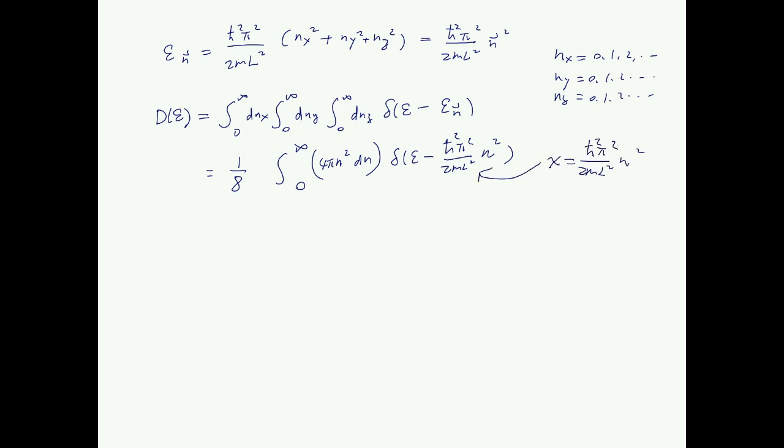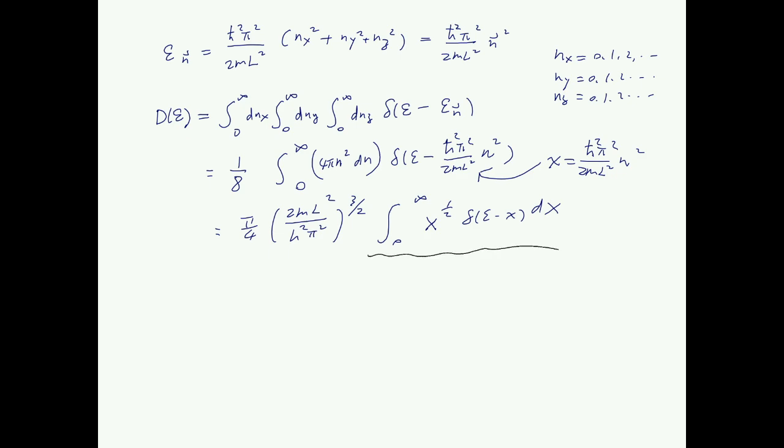If you perform the change of variable, what you'll find is you get some dimensional prefactor and a dimensionless integral. By performing this integral, you get energy to the power 1/2 with the prefactor.